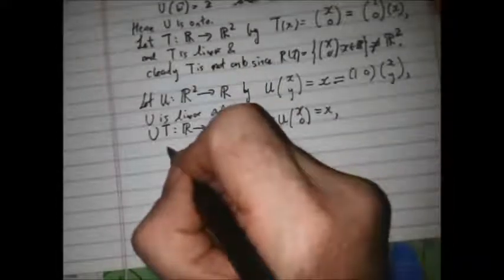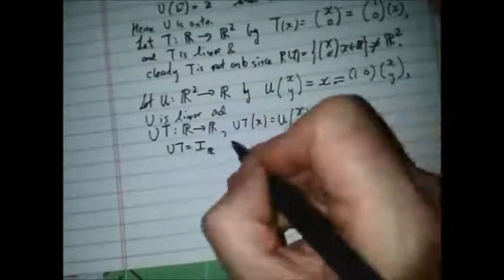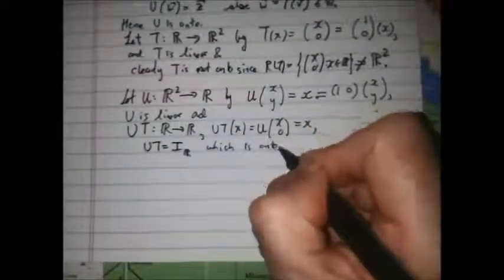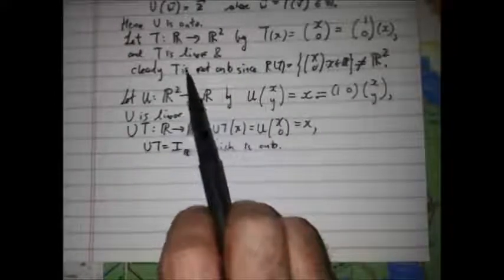So that means that UT is the identity in R, which is onto. So even though UT is onto, that does not mean that T is onto, because in this example, this T is not onto, but UT is onto.